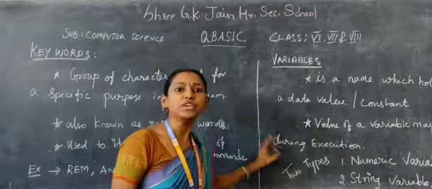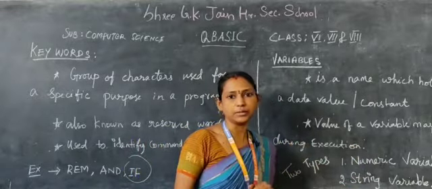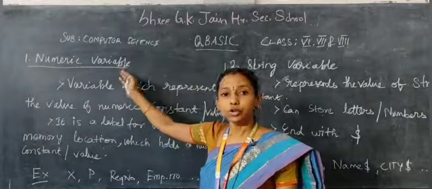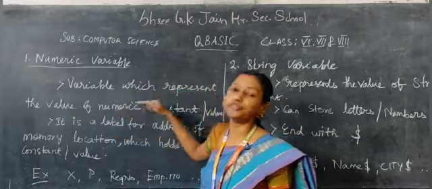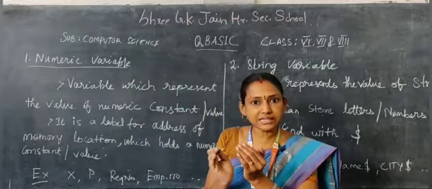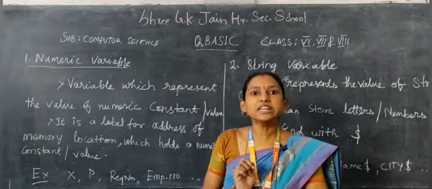In variables, we have two types: numeric variable and string variable. The first one is the numeric variable. A numeric variable represents the value of a numeric constant. What are numeric constants? Only integers.